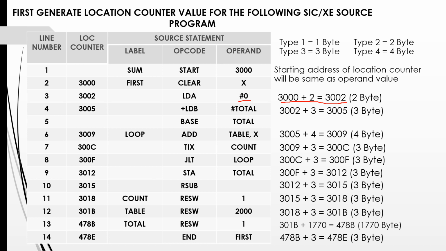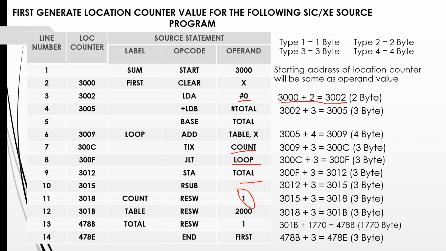For all this, count, loop, total, you will get 3 bytes each. So finally you'll get 3015 in the location counter. Then for the reserved word, you have the operand as 1.